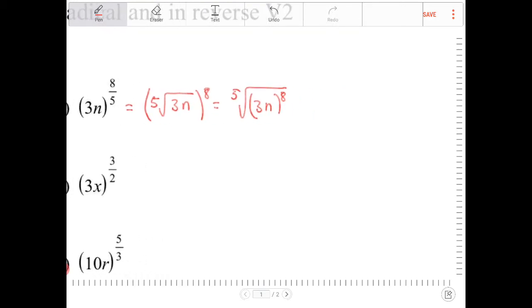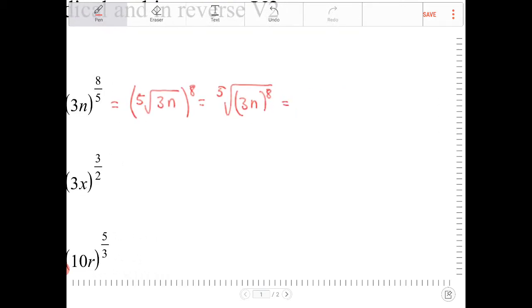So actually, if you look at this, recognizing that 3 is being multiplied by itself 8 times, and I'm trying to find the 5th root, what I'll have in here is 3 to the 5th times 3 to the 3rd times n to the 5th times n to the 3rd.